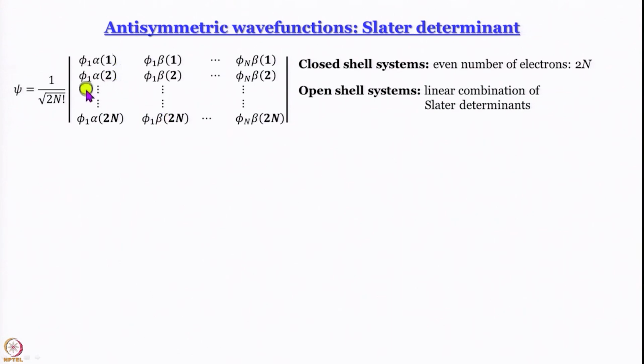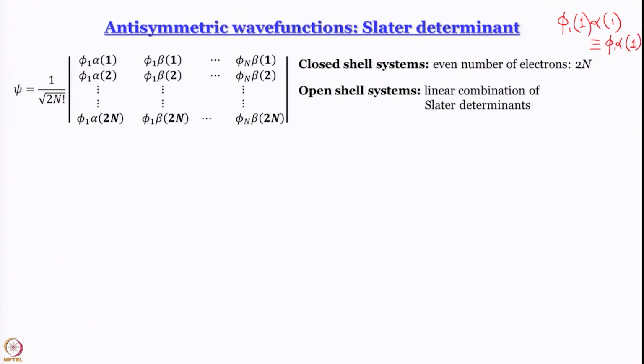So, what I mean by phi 1 alpha and bold 1 inside bracket is that, in the earlier notation that we used, I essentially mean electron number 1 is in phi 1 orbital and it has alpha spin.